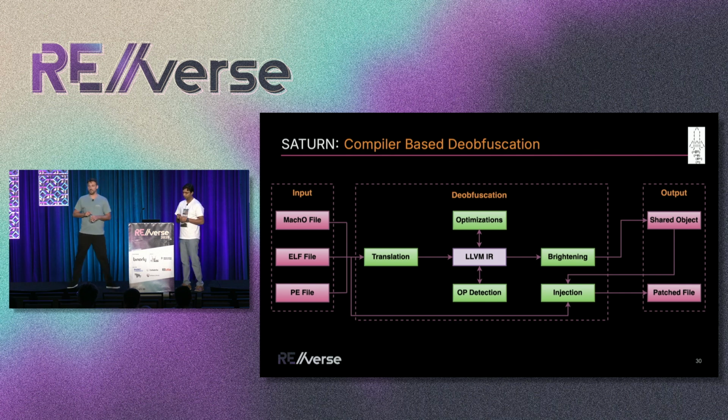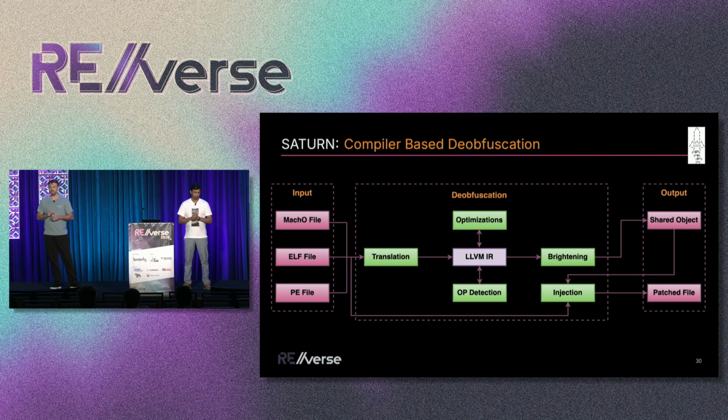This is basically how the tool worked back then. We take as input one of the binaries, ELF or PE, then we use remill from Trail of Bits to lift the code into LLVM IR, but this code is not really usable. If you optimize it, it will not fold. So we have specific optimization passes that we implemented on our own, or just use the LLVM pipeline. We try to detect opaque predicates, we try to handle MBAs and so on, and once we are done, we try to get the code into a nice shape.